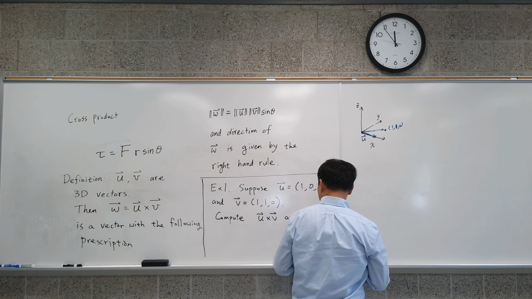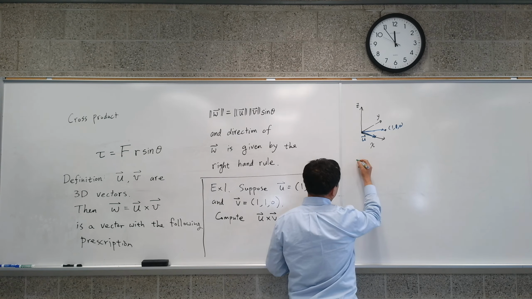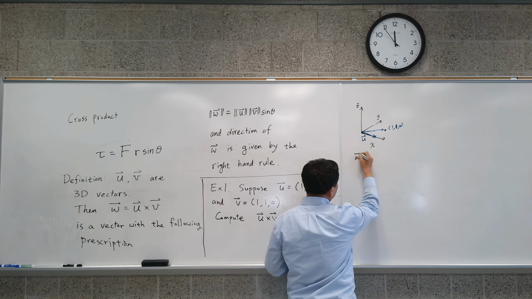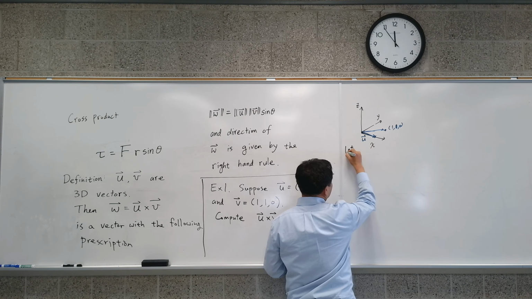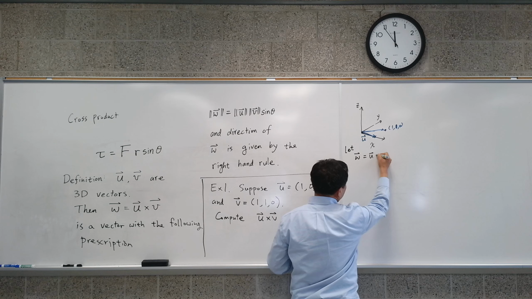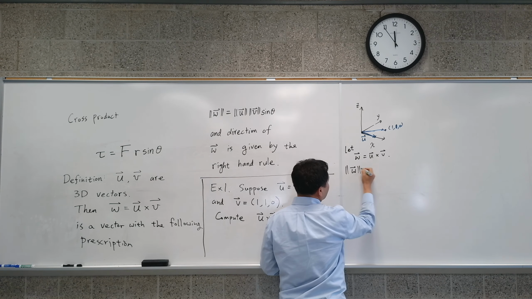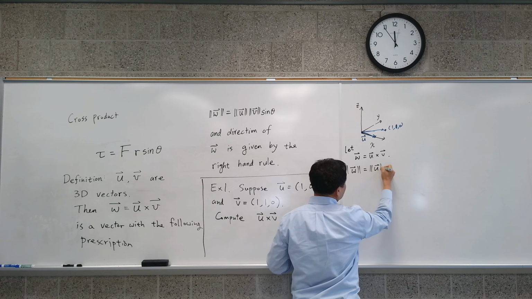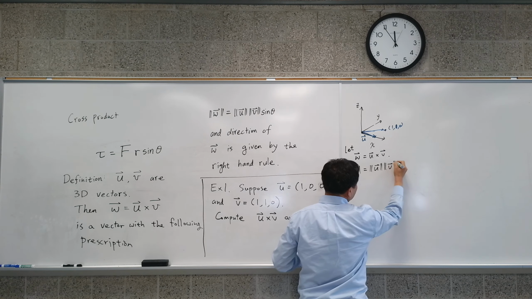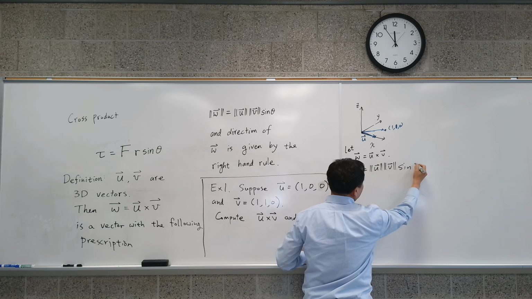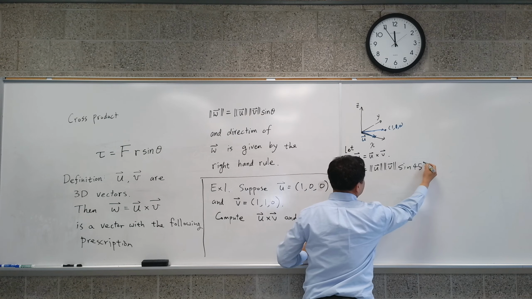Therefore, let w be u cross v. Then the norm of w would be norm of u times norm of v times sine of 45 degrees.